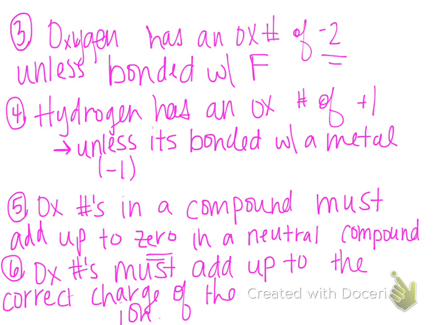Any ion, what's the definition of it? Yeah, it's not neutral. It has a charge, right? An ion in and of itself is a charged particle. Okay, so if we've got a polyatomic ion per se, polyatomic ions have a charge. So if we're looking at the oxidation numbers in a polyatomic ion, those oxidation numbers would need to add up to the correct charge of that compound. Okay.